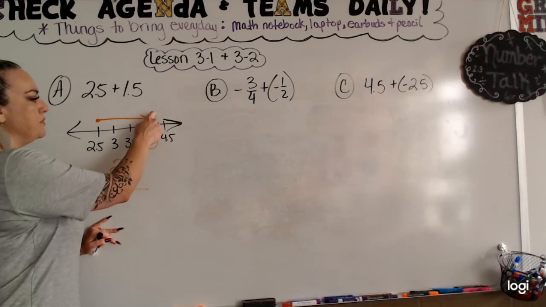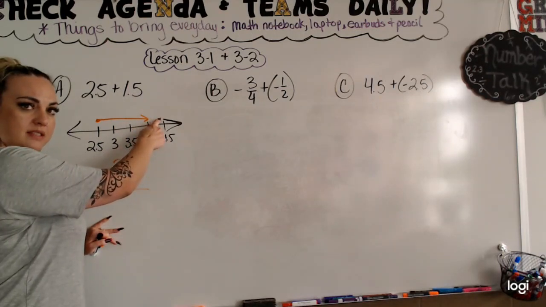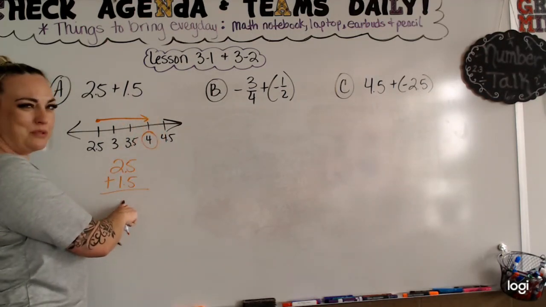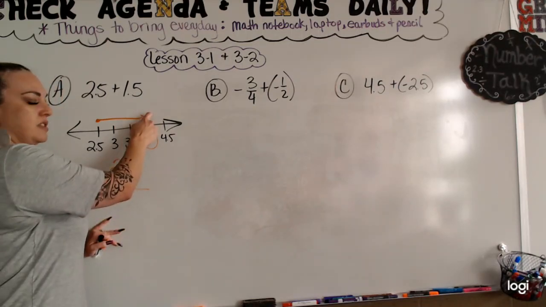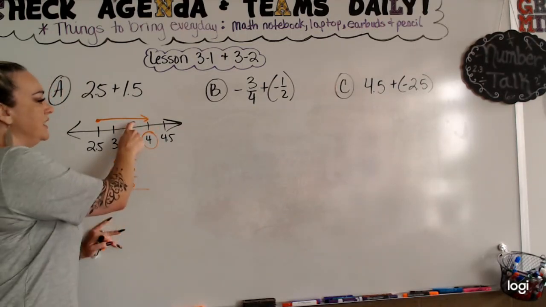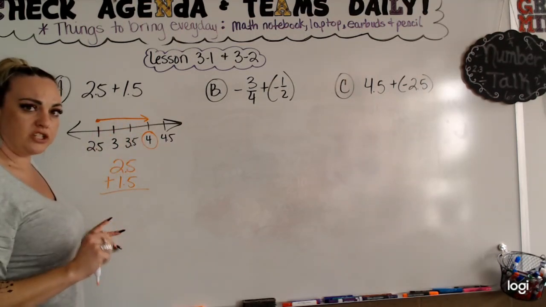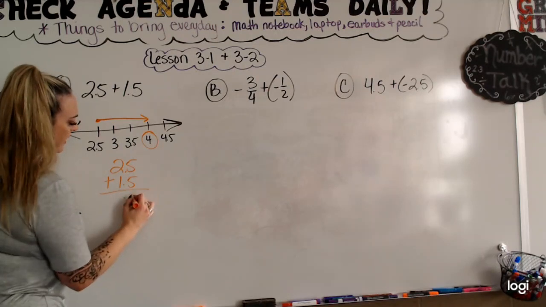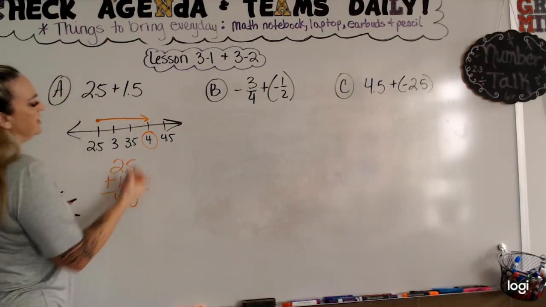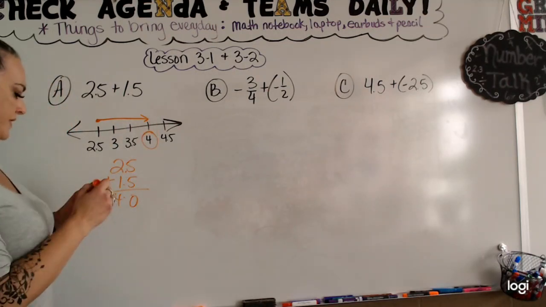And this is what helps us really think more deeply about the math that's happening. This is a more abstract kind of shortcut way of doing it. So really focus on this because on the assessment you will need to analyze your representations on number lines and things like that. But we can solve it this way and we get 4.0, which is the same as 4, right? Same thing.